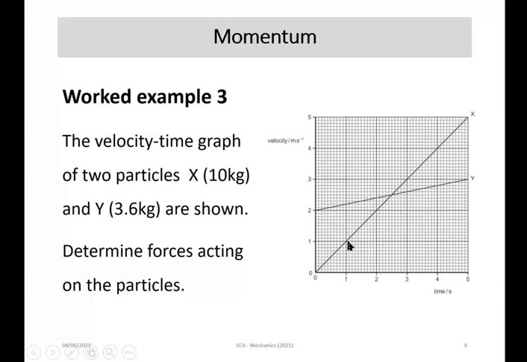The time interval will be 1, 2, 3 seconds. So 40 minus 10 gives us 30, divided by 3 seconds gives us 10 Newton as the force acting on x, the same as the first one we got using this long triangle. You could do the same thing for y, and I trust you can do it yourself.